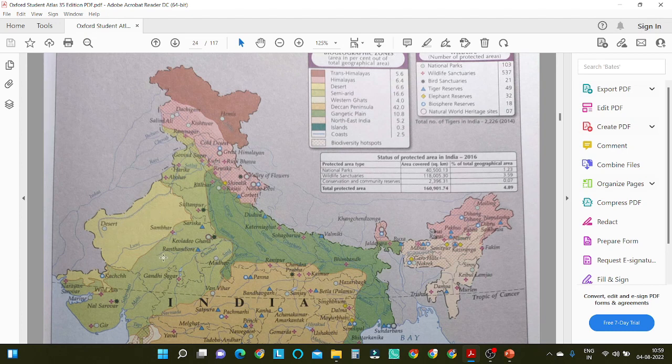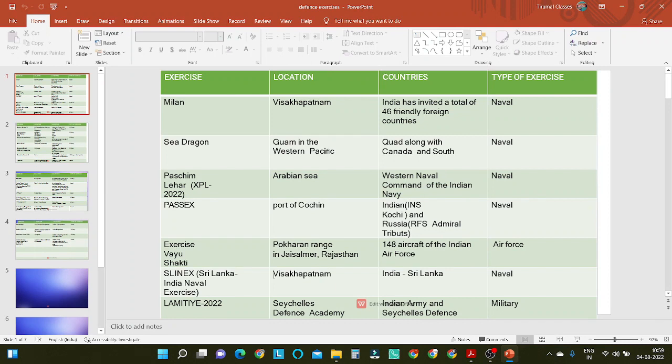In Rajasthan, we have a desert, the Thar desert, and Sambar lake and Luni river. We also have some parks like Keoladeo National Park. Like this, we have to gather other related aspects when we are reading about a state or a country. So it is the Air Force exercise named exercise Vayu Shakti taking place in Rajasthan.